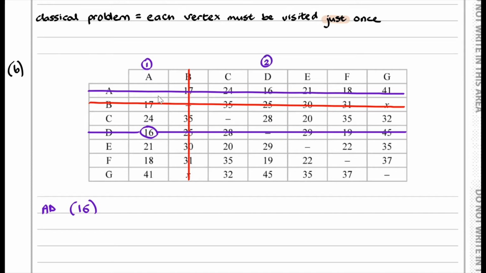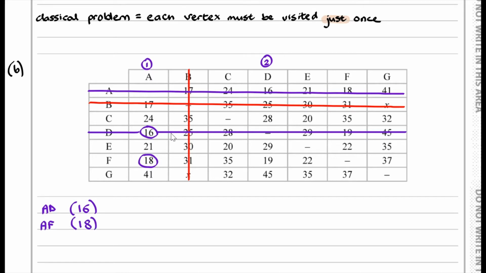We now look down both A and D and look for the smallest number. You'd find the smallest number to be F, the 18 over here, which corresponds to AF. So we have AF corresponding to 18.